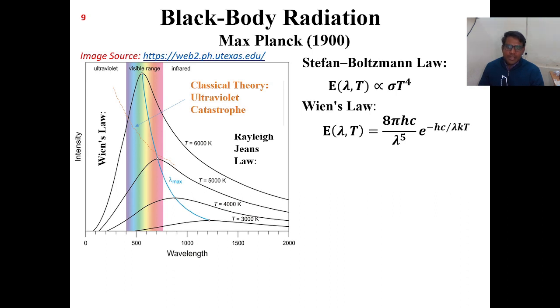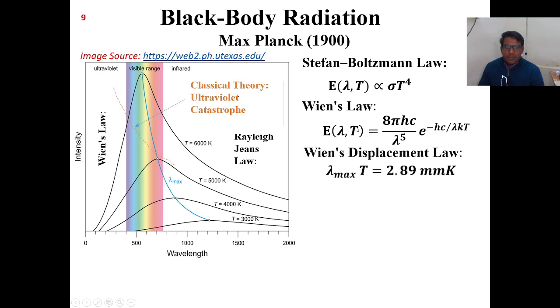Wien also tried to explain the nature of this curve. He did some mathematical manipulation in the Stefan-Boltzmann law and came across this expression. If we plot this expression, it satisfies the first half of the curve, that is the low wavelength region. Means as the wavelength increases at a certain temperature, the intensity of the radiation emitted through the perfectly black body increases and reaches a peak value.